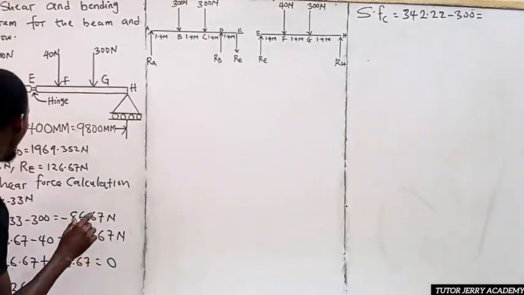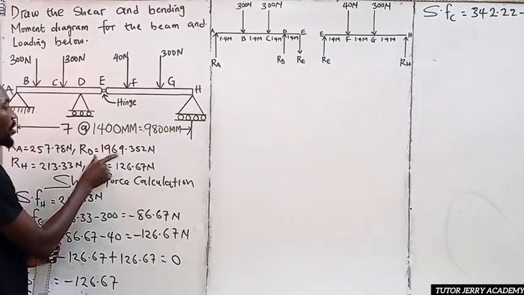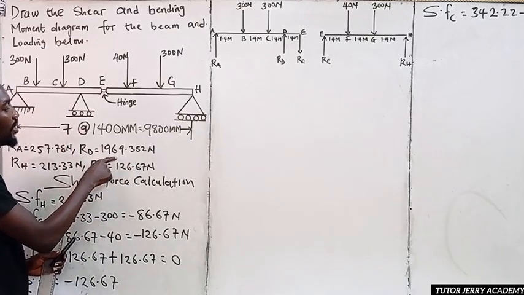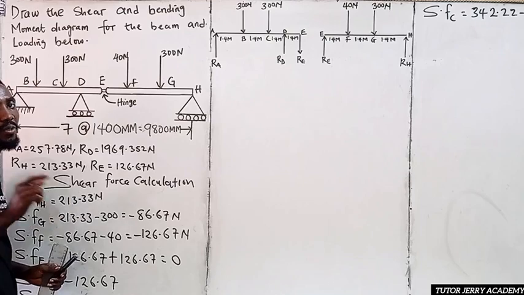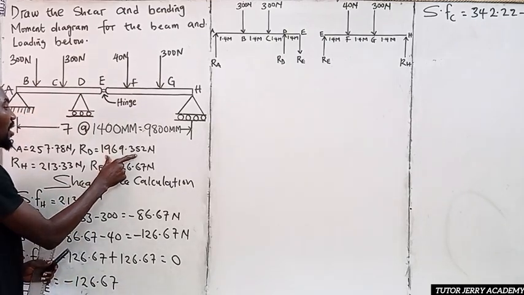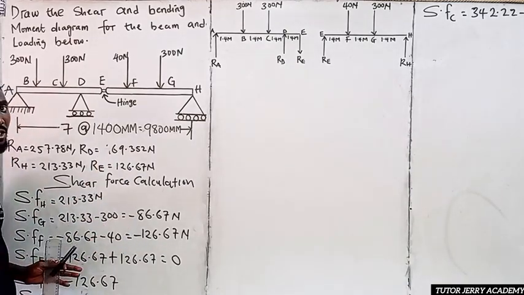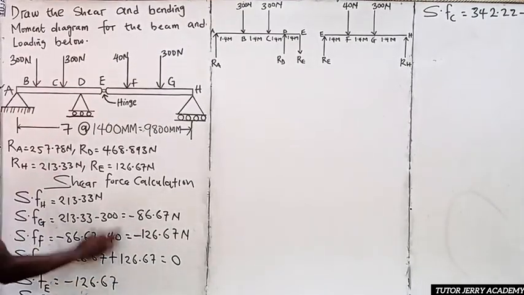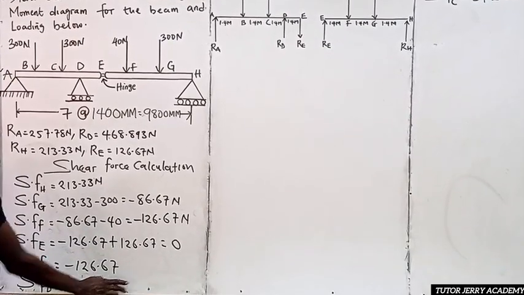sorry please, when we are dealing with the calculation of our reactions, we're supposed to divide this answer by 4.2. Sorry, I keep on repeating it. When you divide this by 4.2, you're going to have the reaction at D to be 468.893. Sorry please, I'm going to be making necessary corrections. All right, so we are going to be putting 468.893 here.